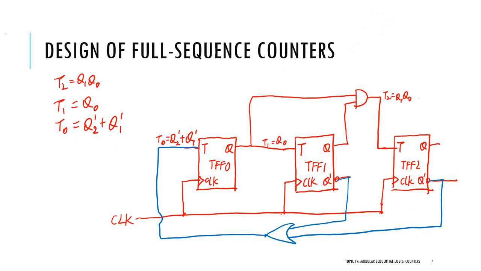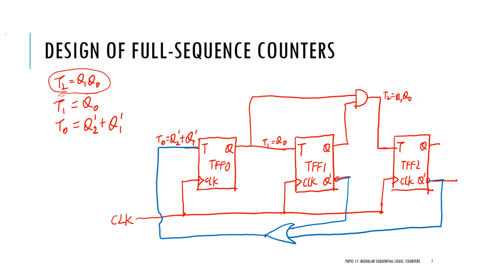After we get the Boolean functions for T2, T1, T0, we just draw them out. So to figure out the logic diagram, first we draw the flip-flops. Okay, we have the flip-flops. Then we just follow the Boolean expressions. For example, T2. T2 is the input for the TFF2.